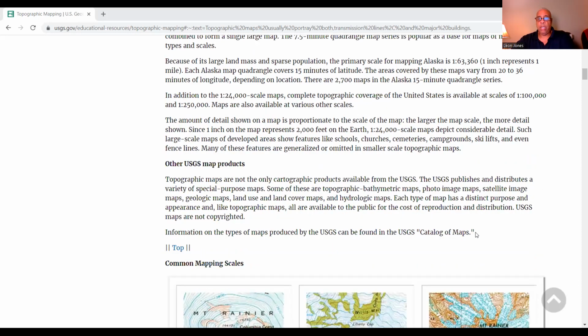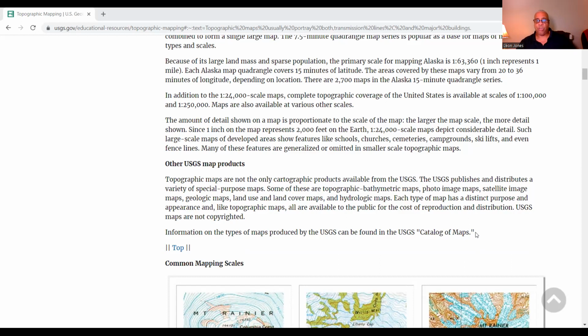Now, again, they have other USGS, which stands for the United States Geological Survey, map products. Something you need to know: topographical maps are not the only cartographic products available from the USGS. The USGS also publishes and distributes a variety of special purpose maps.